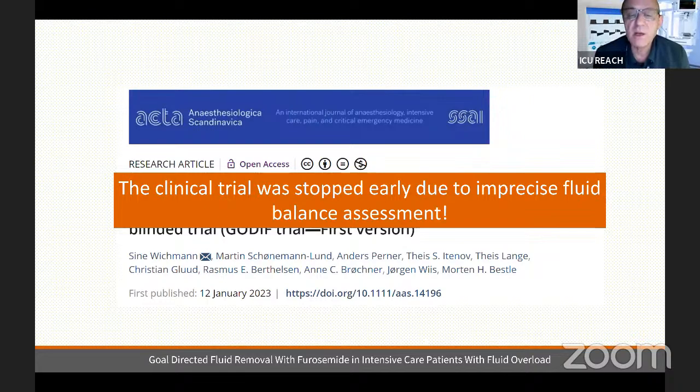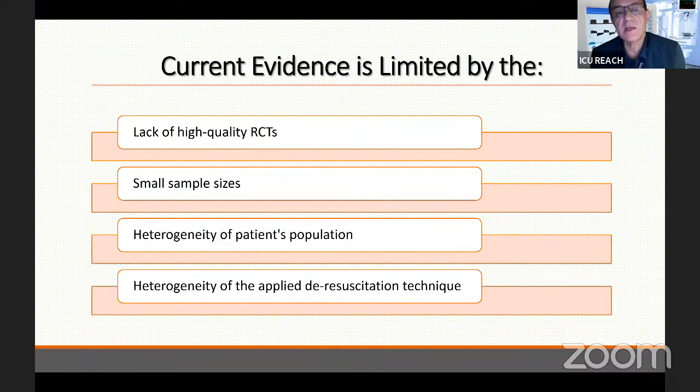But it was very difficult, actually, for this fluid assessment to be utilized for this randomization. The study was published on January 12, 2023, with the results of 40 patients only.